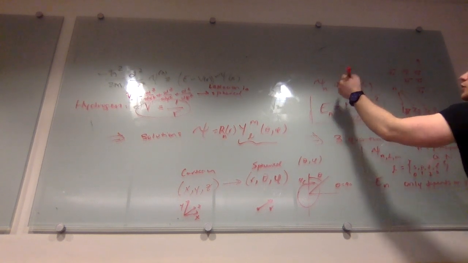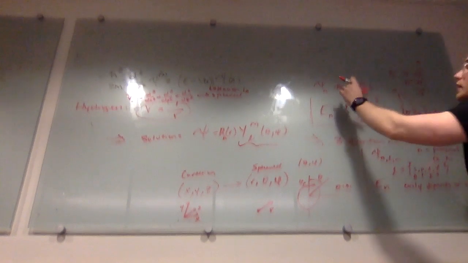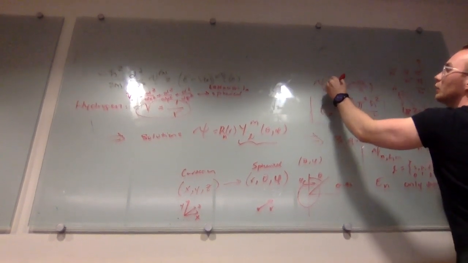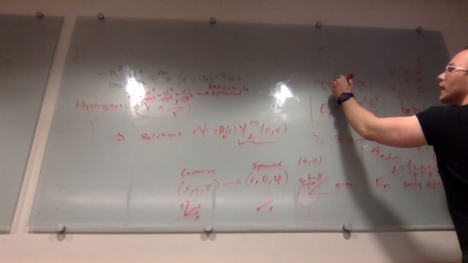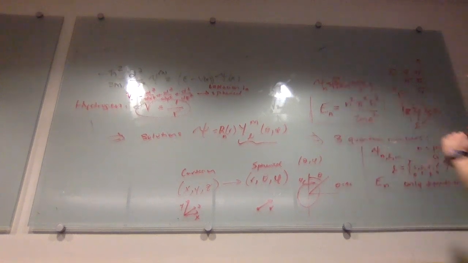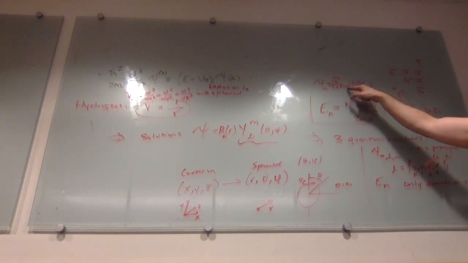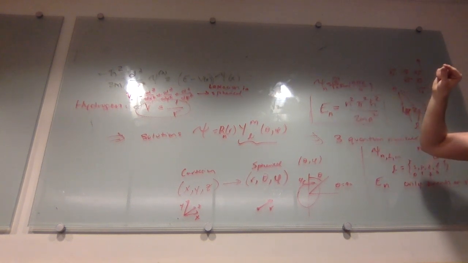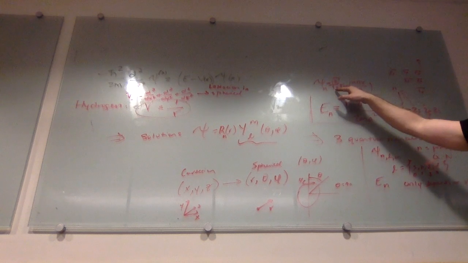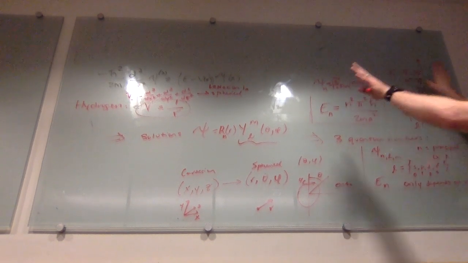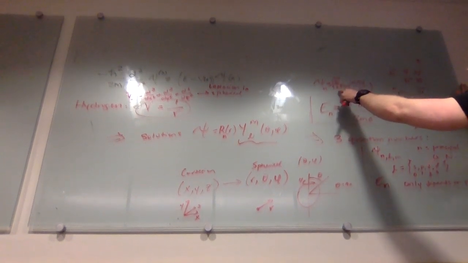I should just write the wave function. And actually, we should normalize this. Oh, we did normalize it last time. We got radical 2 over a, I believe. Remember, we squared it and took the integral from 0 to a, set it equal to 1, and solved for this thing in the beginning.